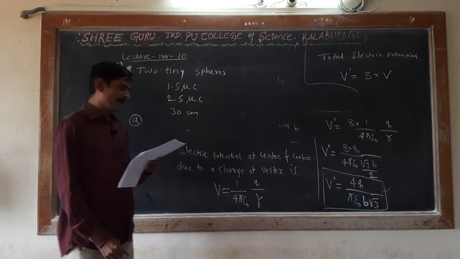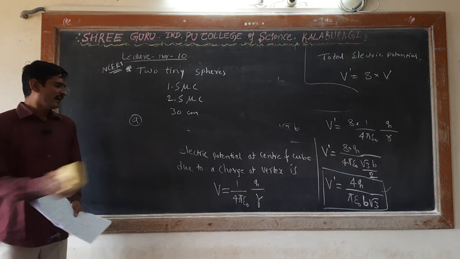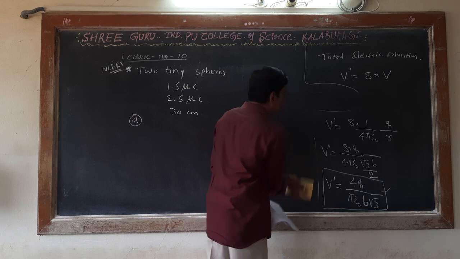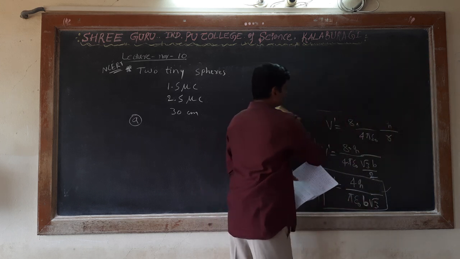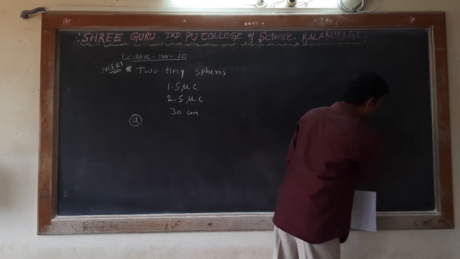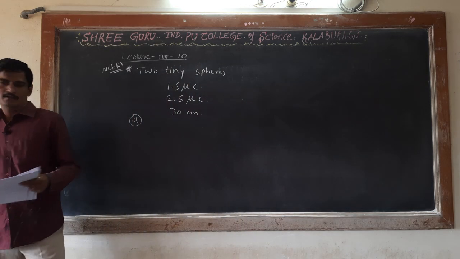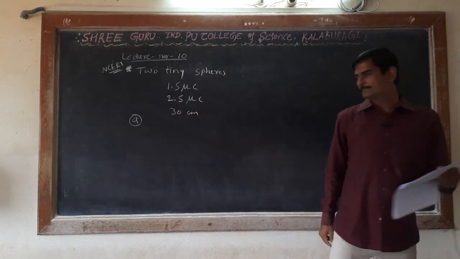Find the potential at the midpoint of the line joining the two charges.